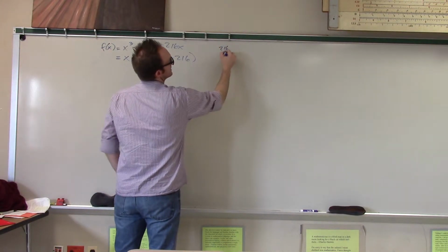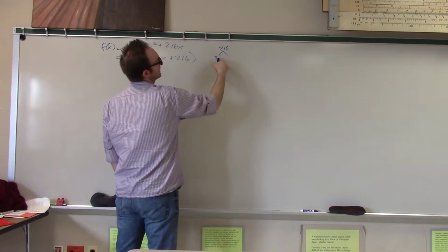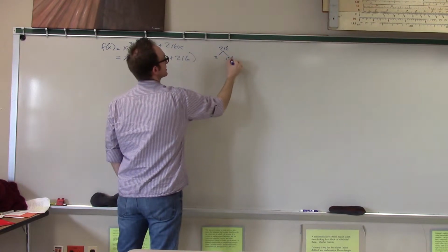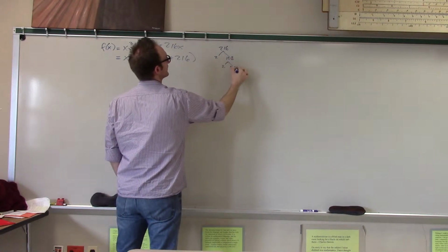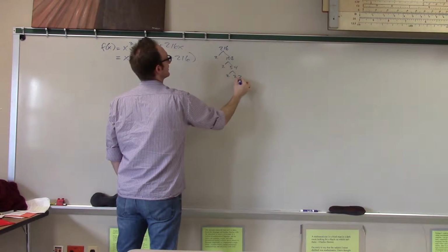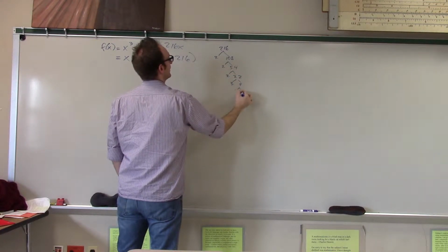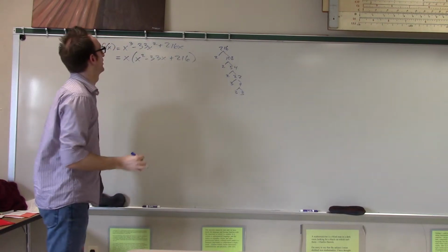So 216 is 6 cubed, but maybe I'll just make a quick factor tree. So this is 108, 54, 27, and like so.